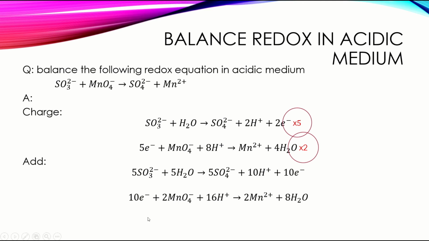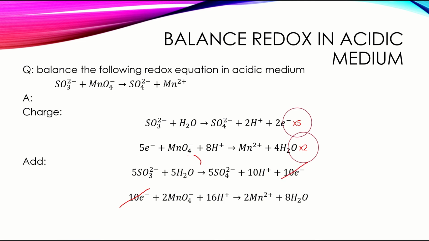So we are going to cancel out the electrons, the similar common terms. We have electrons, we are going to cancel out the electrons. And then H2O, we have H2O on both the left and right side. And then we have hydrogen ions. So we have to cancel out electrons, cancel out H2O, and cancel out H plus.